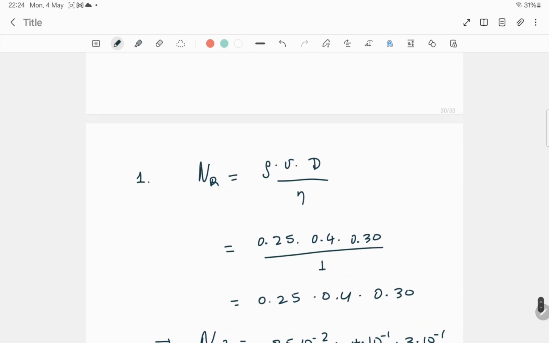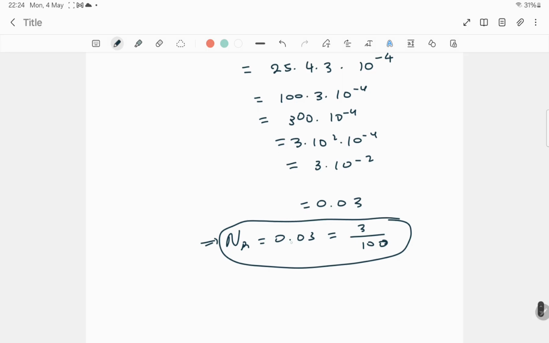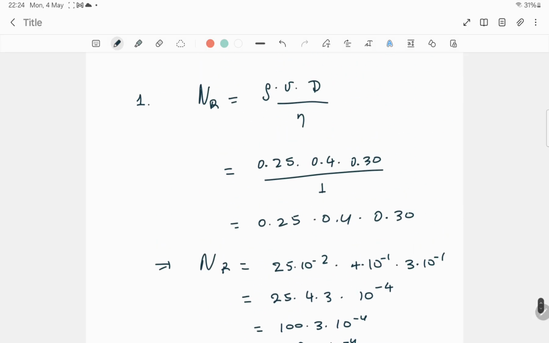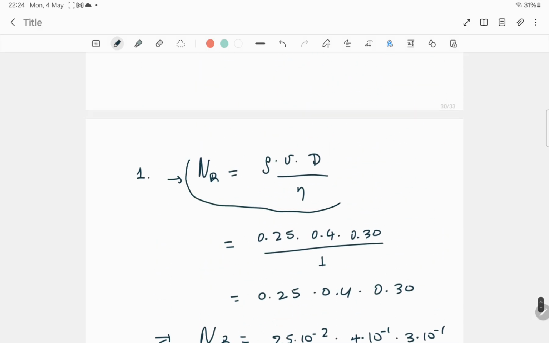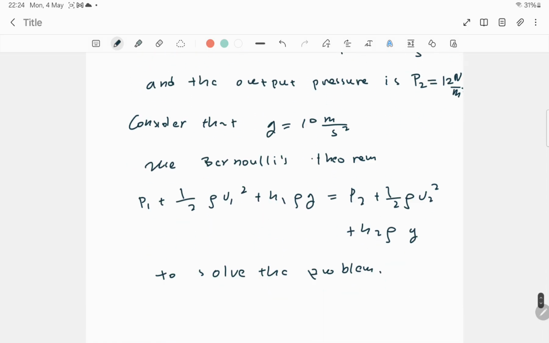Okay, we have the density of the fluid, the velocity and the diameter of the pipe, and the viscosity is 1. So we can compute the Reynolds number explicitly using this formula. For number 2, we are going to use Bernoulli's theorem.